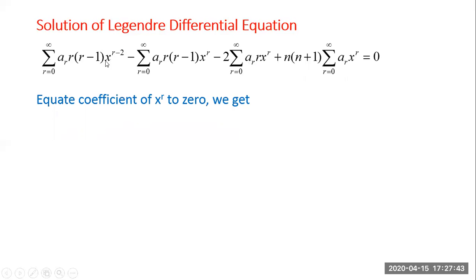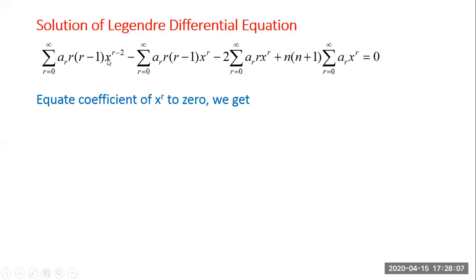In the first term, we have x to the power r minus 2. So if you want to get the coefficient of x power r here, you must go 2 steps forward. The next term is x to the power r minus 1, since r minus 2 plus 1 is r minus 1, and its next term is x to the power r.